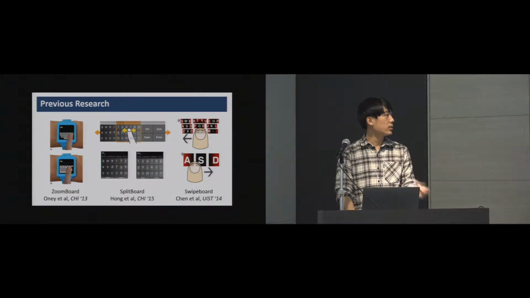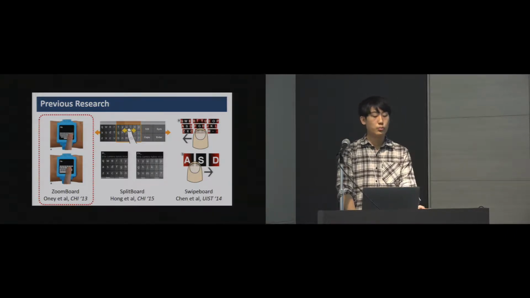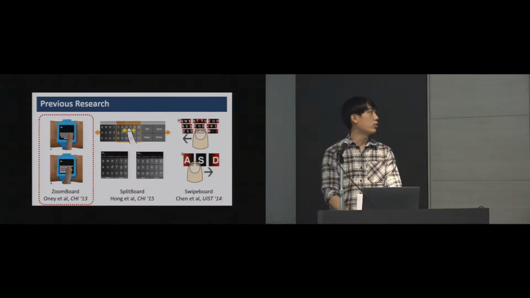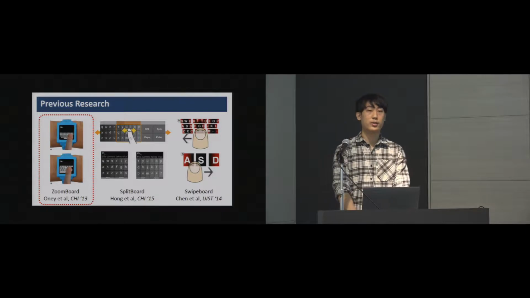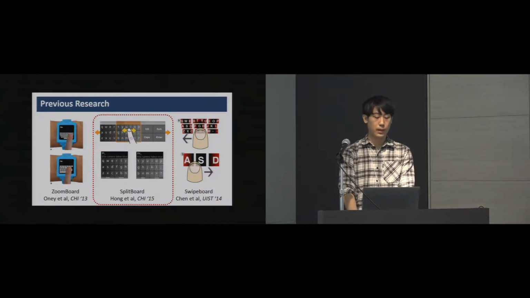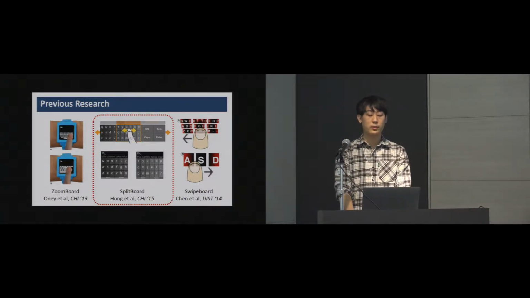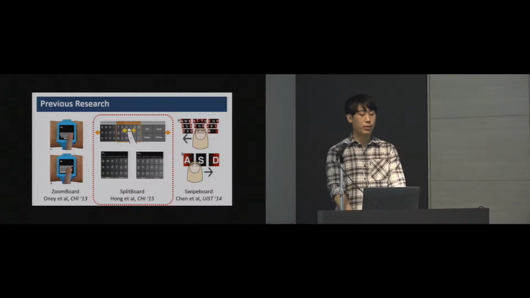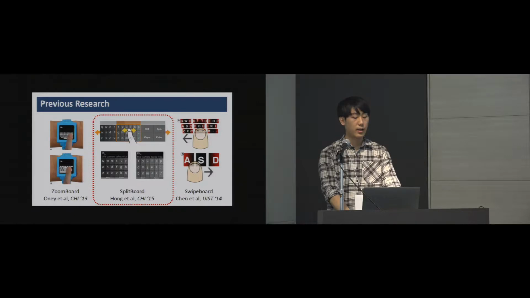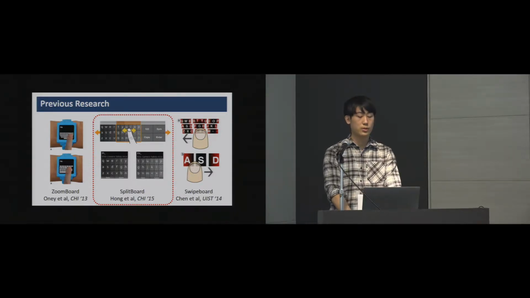These are the most famous research on smartwatch text entry. The ZoomBoard can enlarge a certain portion of a keyboard, and the user can touch an enlarged key. The SplitBoard has a larger keyboard than the smartwatch screen, and only half of the keyboard appears on the screen. The user can move the keyboard through a swipe gesture.